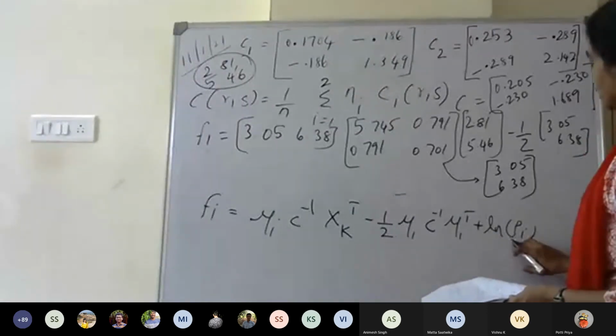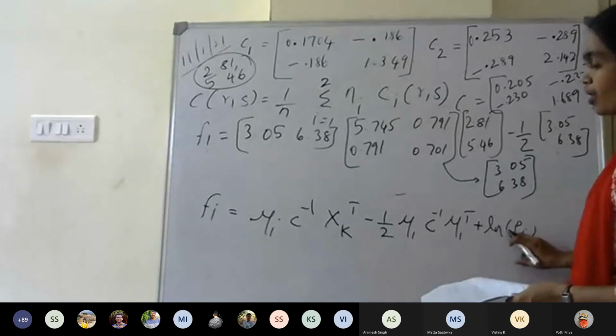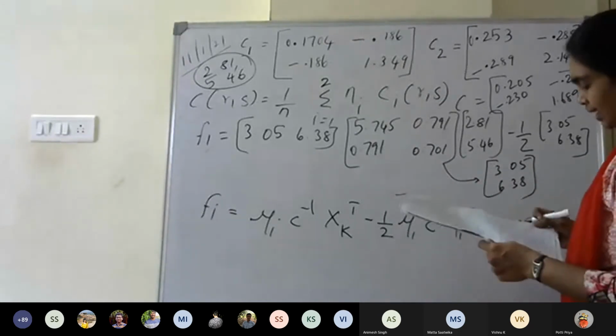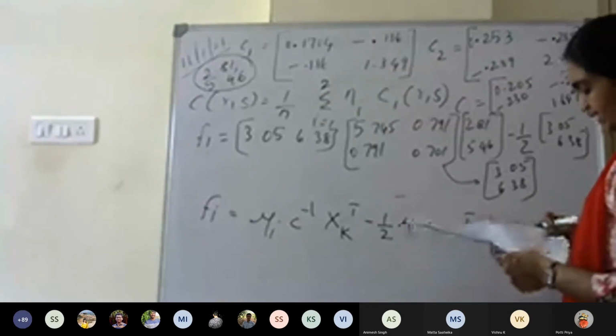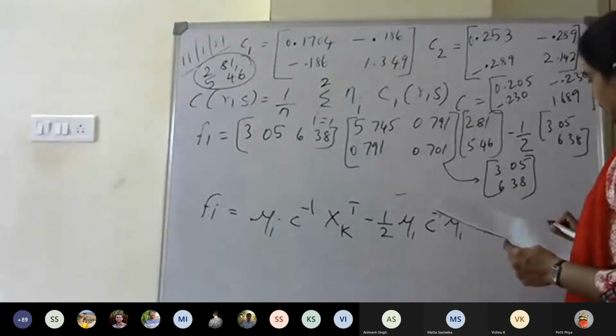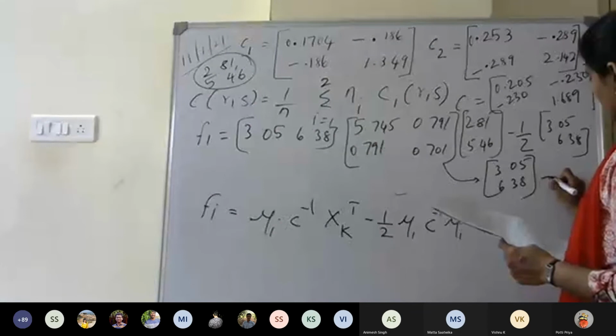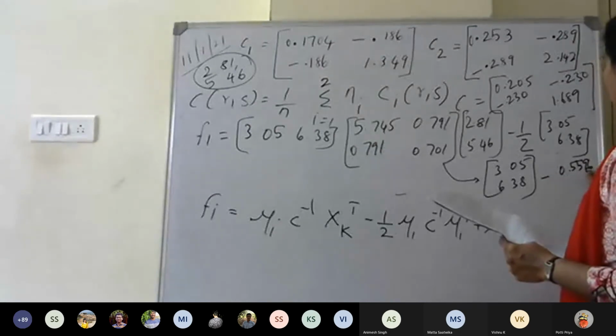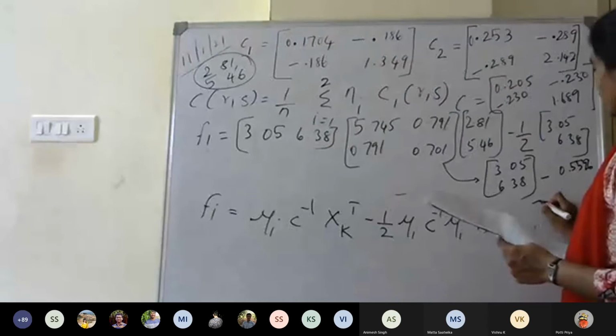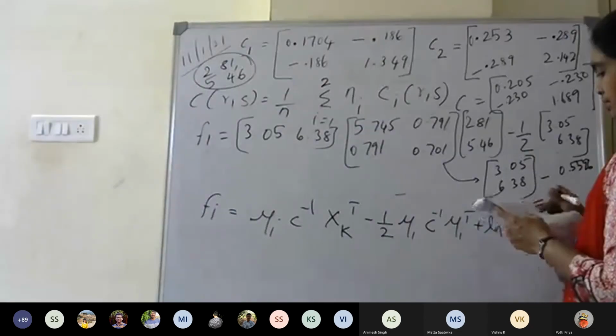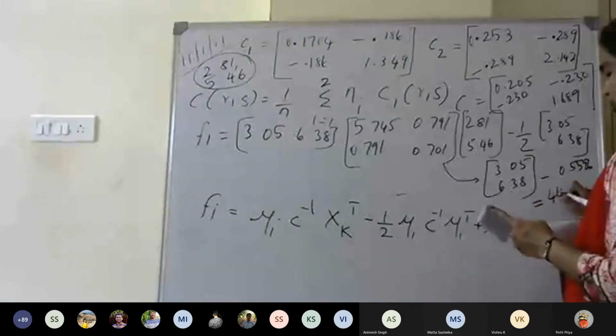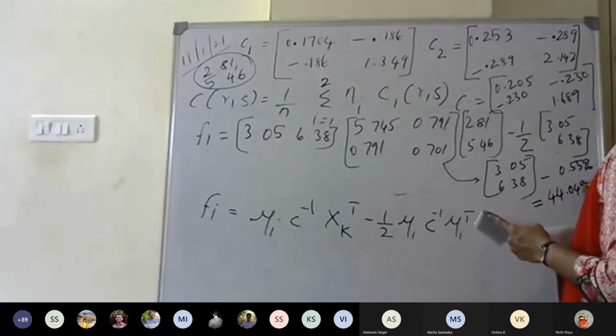For the logarithmic value, ln of the first class prior, I am substituting directly. It is coming as minus 0.5596. If I calculate the value, I am getting 44.049.